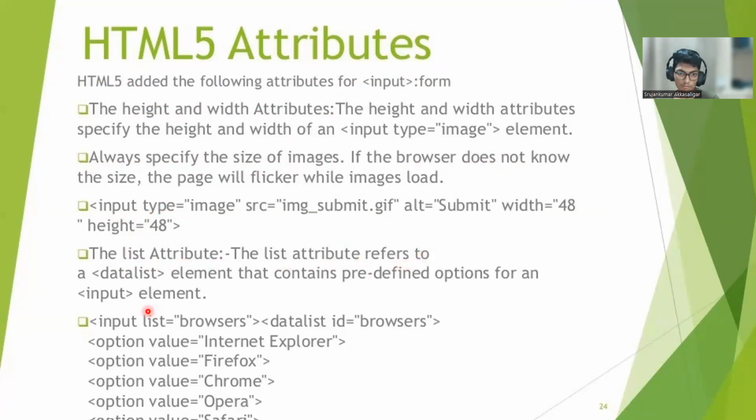The list attribute refers to the datalist element, in which you can use it as a drop-down list. Like input list equal to browsers, and then ID equal to browsers, and then add the option values. For example, Firefox, Chrome, Internet Explorer, etc.